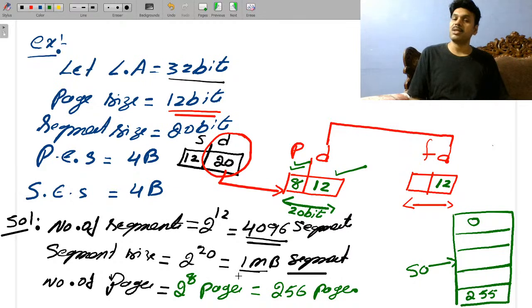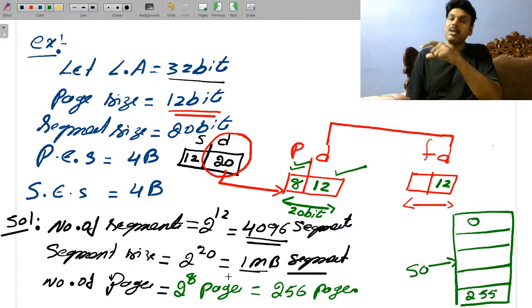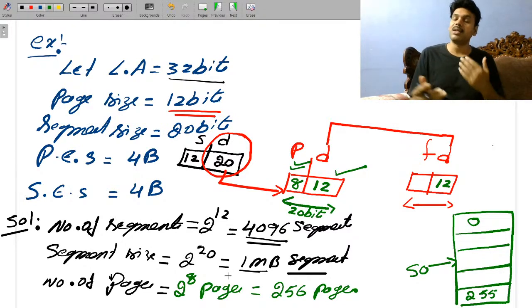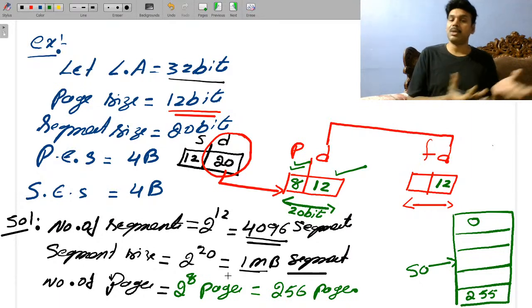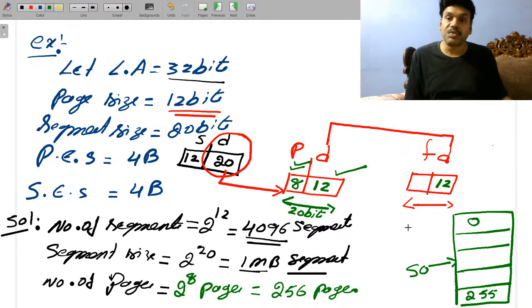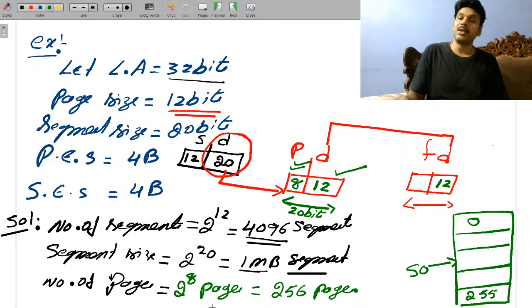Now friends, understand, now I can store your page map table into memory, because you divided it in such a way that your page map table is going to fit exactly into your main memory. If not, then you are supposed to do multi-level paging as usual. If you are unable to keep your page map table there, you are supposed to do multi-level paging. So what is your page map table size?